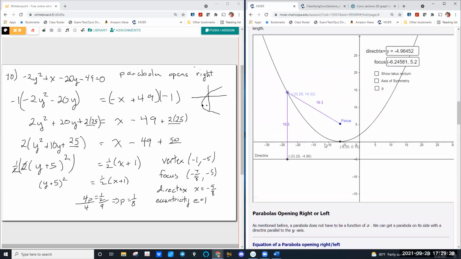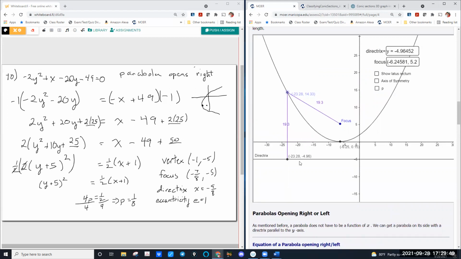The eccentricity can be thought of as a measure of how circular something is. So what's interesting, for a circle, the eccentricity is 0 because it is a circle. For a parabola, the eccentricity is 1. So where it gets interesting is on ellipses and hyperbolas.